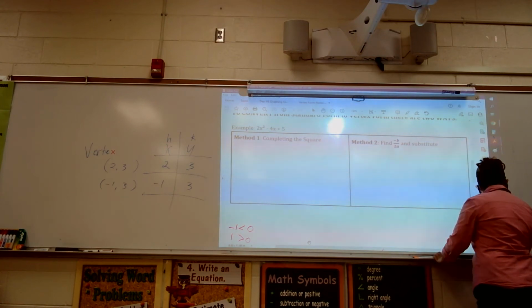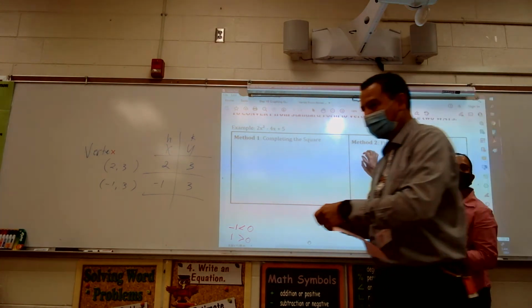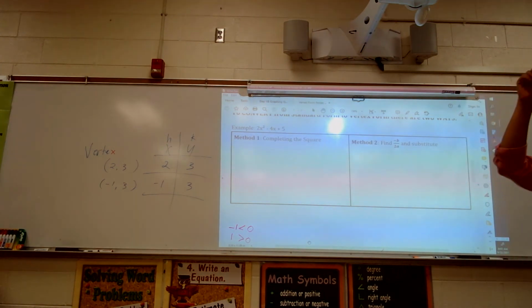Okay, everyone, listen. How many of you still remember how to use completing the square? Raise your hand. Only one. Remember we did completing the square, the yellow at the back. Look at the back, the steps. Do you remember that?